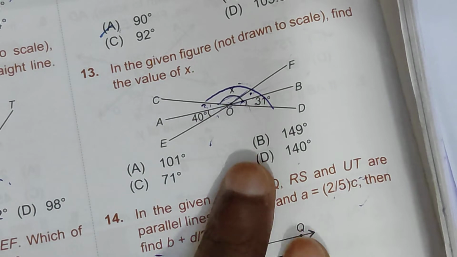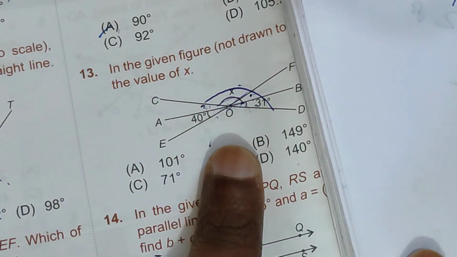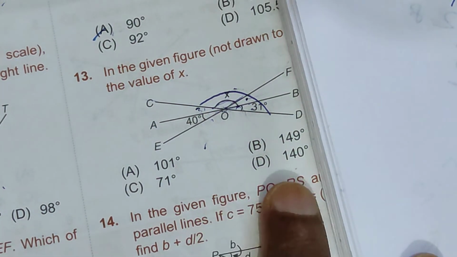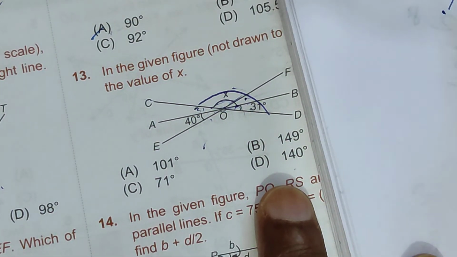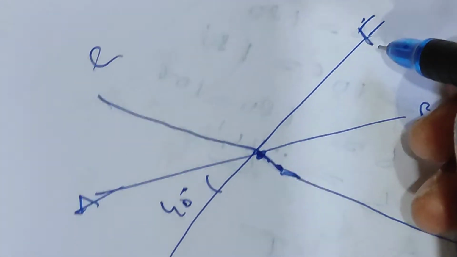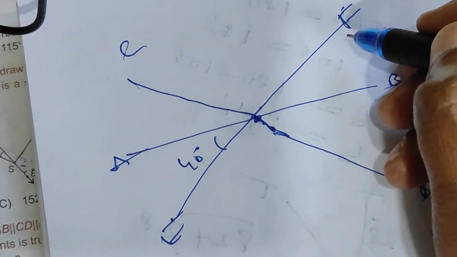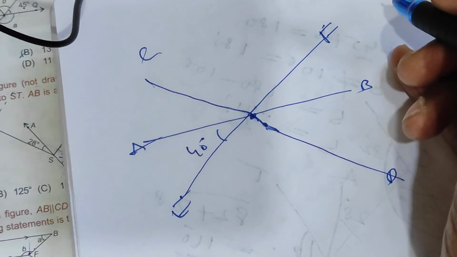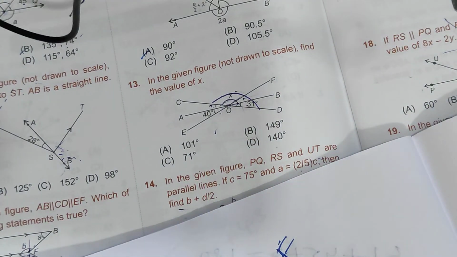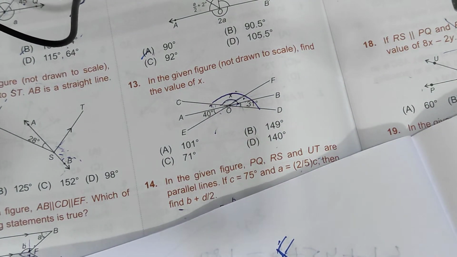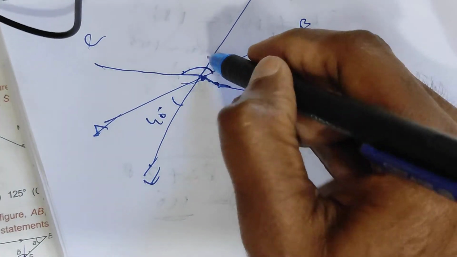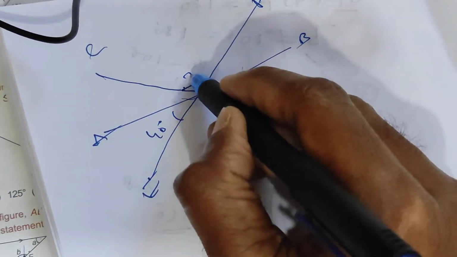AB is given, and this angle is 40 degrees. This is C, this is D, this is E, and this is F. You have to find out the angle X. Angle X is from here to this straight line. This is angle X.